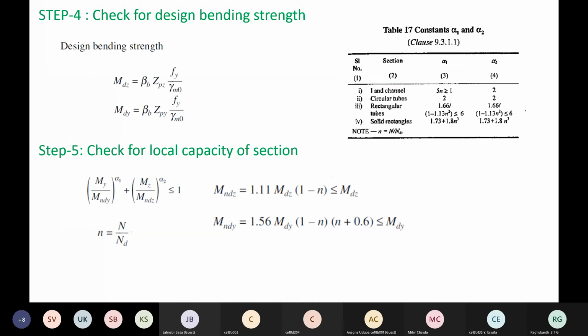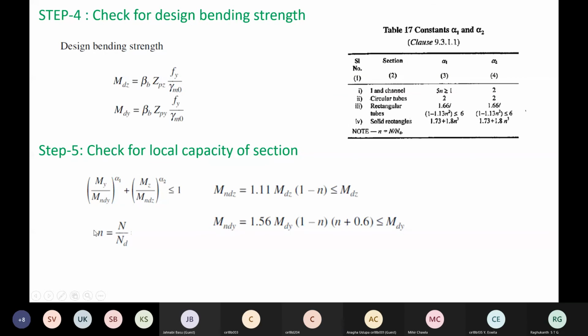After that we will go for check for local capacity of section. That is My by MNDY power alpha 1 plus Mz by MNDZ power alpha 2 less than or equal to 1. For that, MNDZ is given by this formula and MNDY is also given. Here small n is N by ND, that is capital N by capital ND.